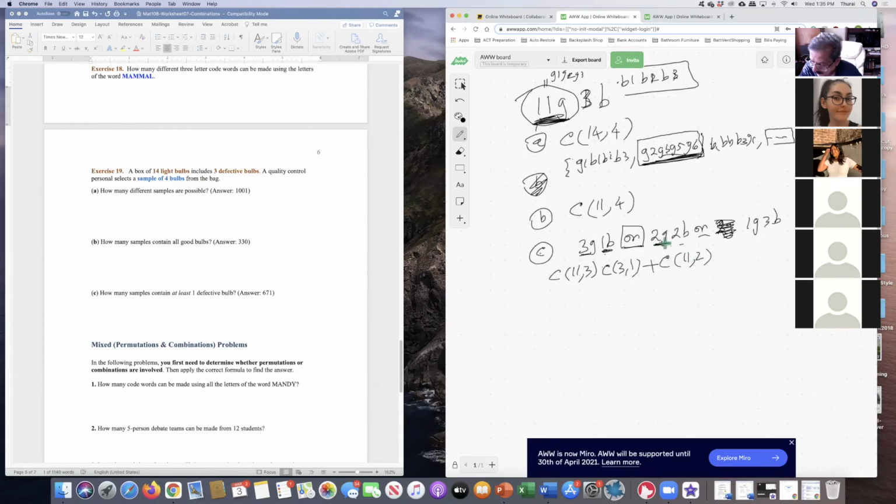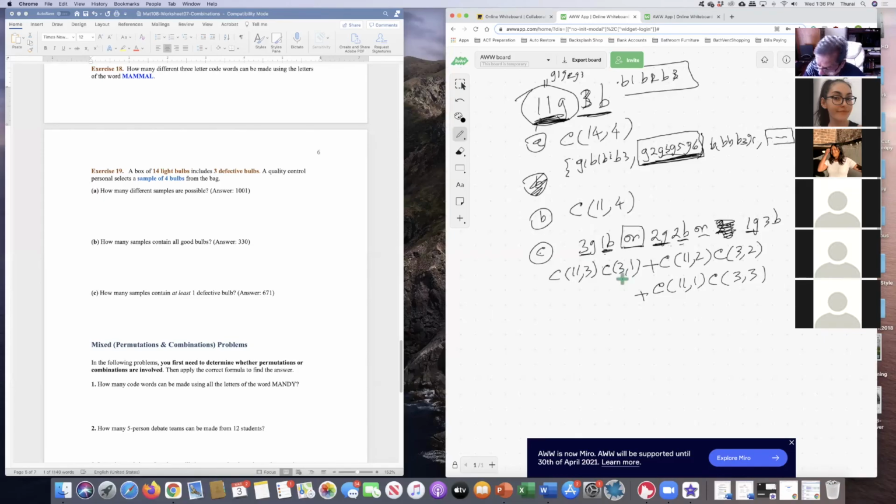That's how many ways there are to get 2 good ones. 2 bad will be times C(3,2). Plus, 1 good comes out of 11 goods, so C(11,1) times C(3,3). 3 bad ones have to come from the 3 bad ones. And then you had to simplify.